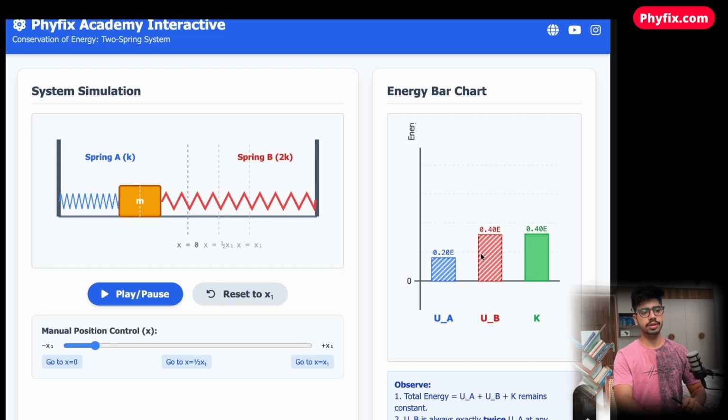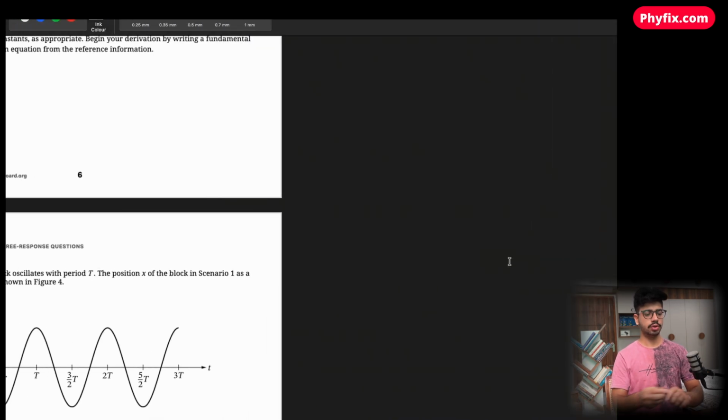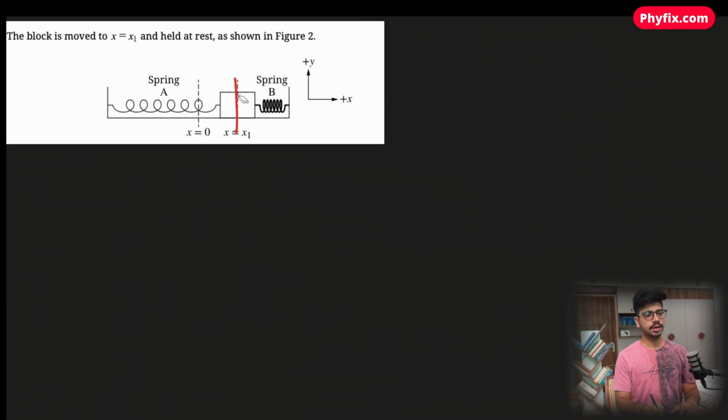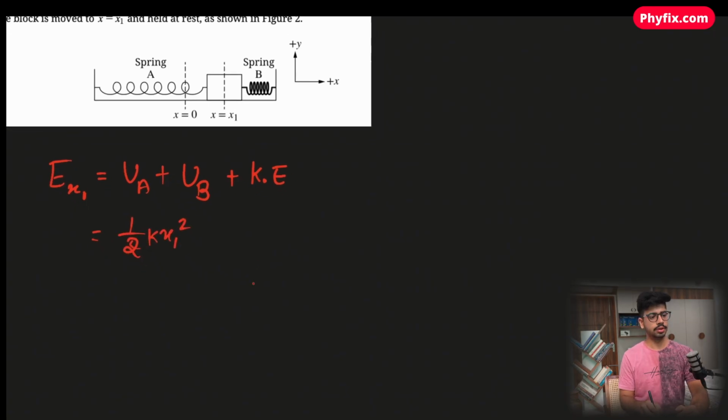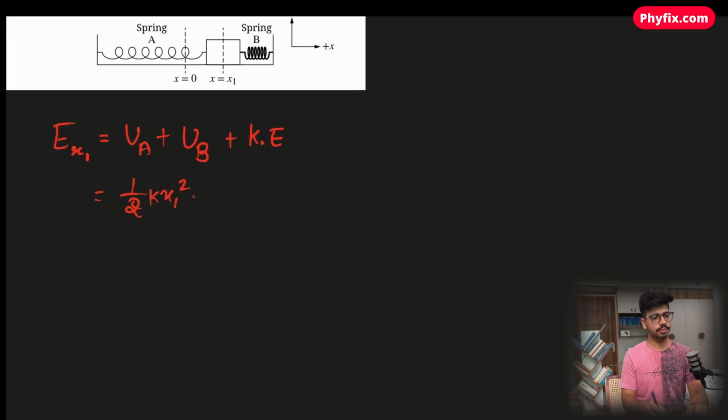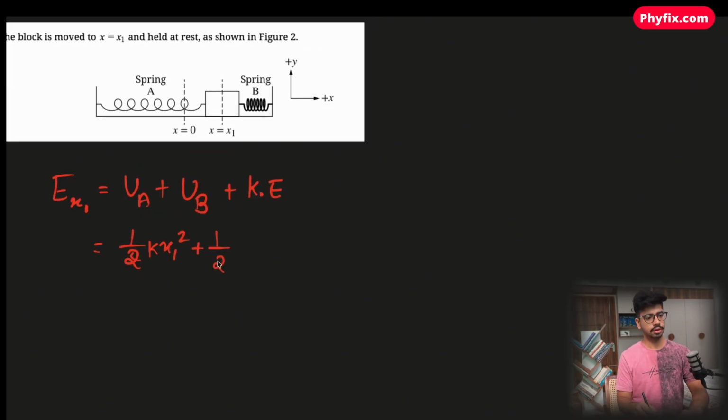So we can apply total energy conservation. Let's write the total energy at the x1 position. E total is the potential energy in A plus the potential energy in B plus the kinetic energy. The potential energy in A is half k x1 square, and the potential energy in B is half times 2k times x1 square, and the kinetic energy is 0.